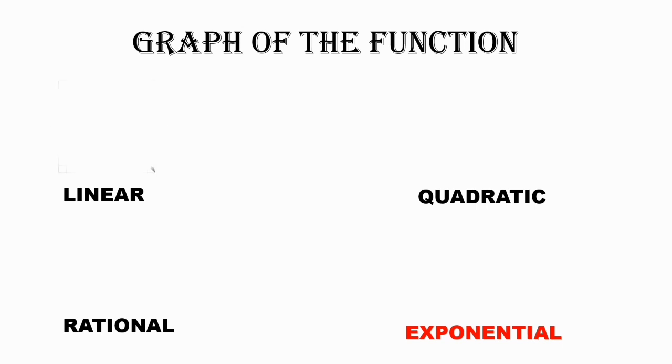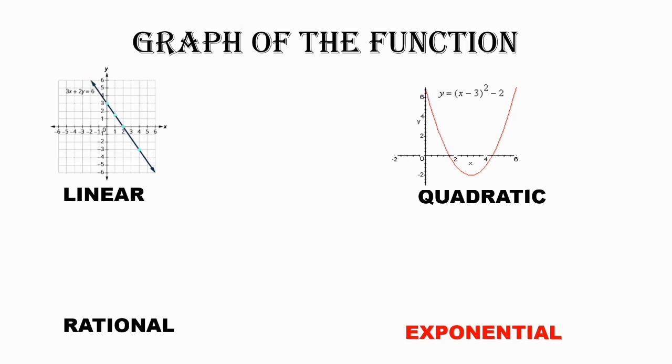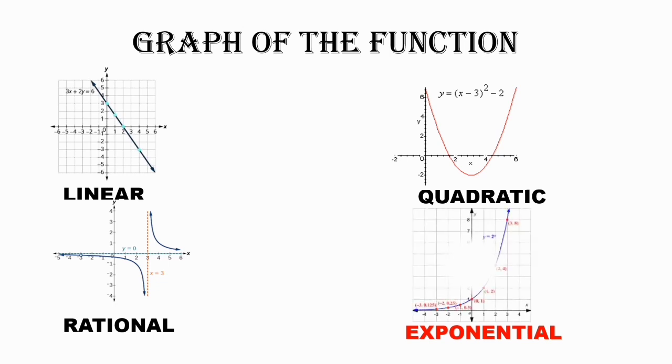So, sa linear, class, just a straight line. Sa quadratic naman, yung parabola. Sa rational, meron siyang hindi siya mag-meet, parang ganon. And sa exponential, ito yung nag-i-increase siya. Okay? So, at least alam niyo na kung paano mag-identify ng graph ng exponential function natin.